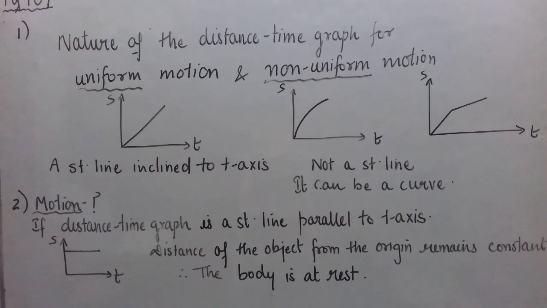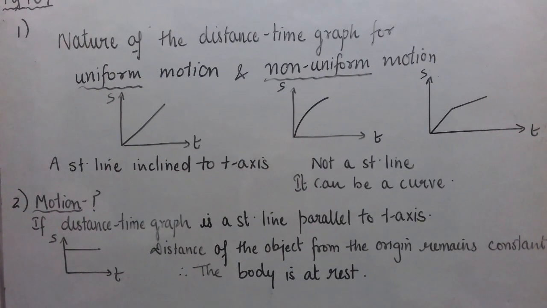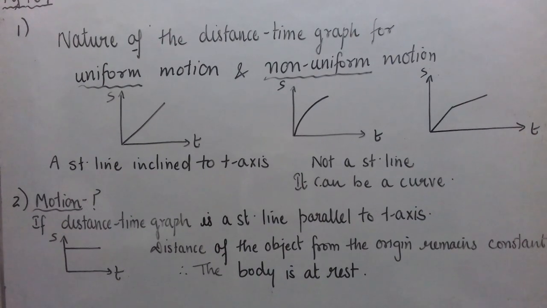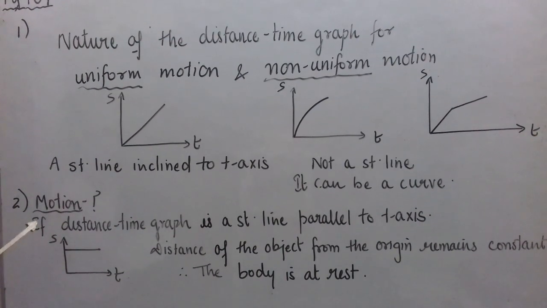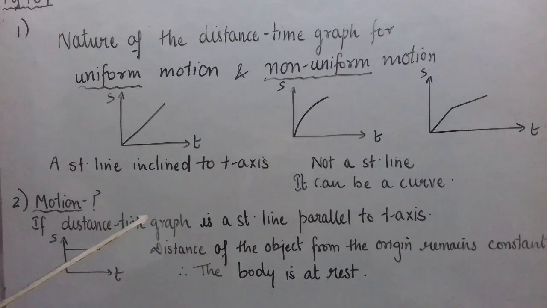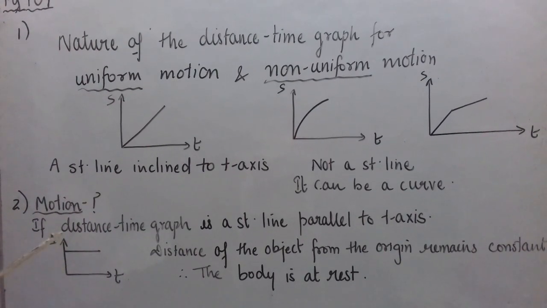Second question is, what can you say about the motion of an object whose distance time graph is a straight line parallel to the time axis? Now, students, if the distance time graph is a straight line parallel to the time axis as I have drawn here, to be more precise, it can be a position time graph.